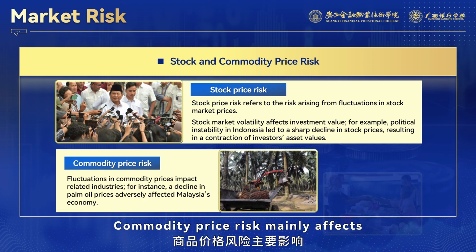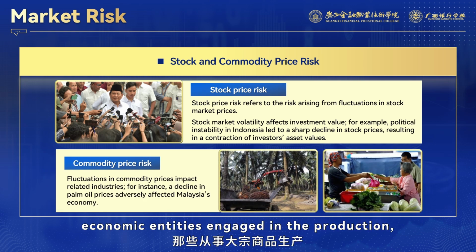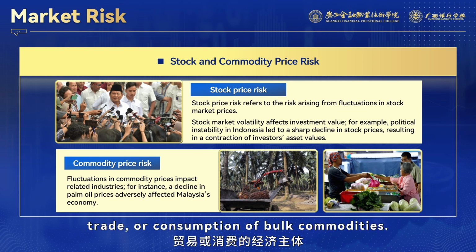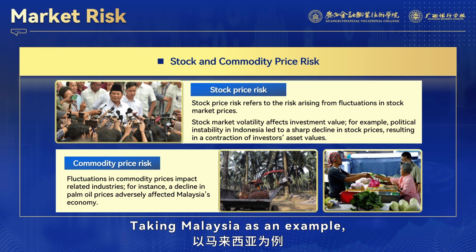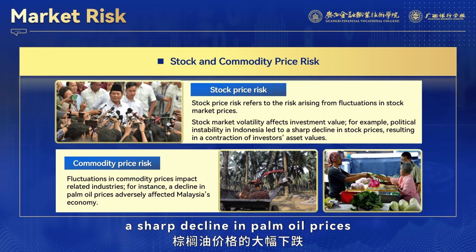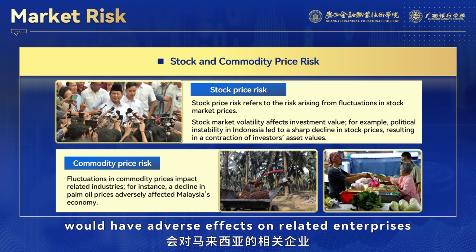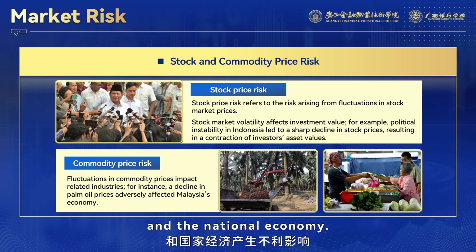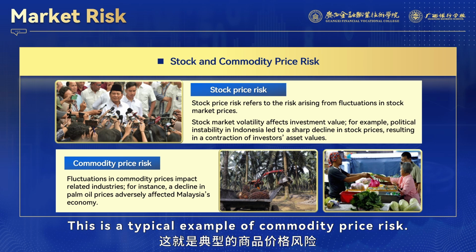Commodity price risk mainly affects economic entities engaged in the production, trade, or consumption of bulk commodities. Taking Malaysia as an example, as a major producer of palm oil, a sharp decline in palm oil prices would have adverse effects on related enterprises and the national economy. This is a typical example of commodity price risk.